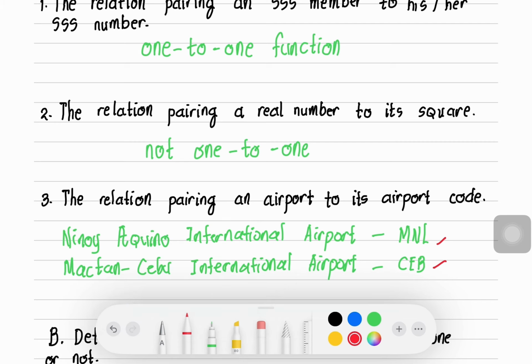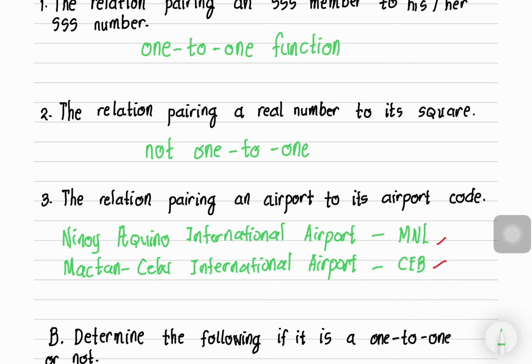So there is a unique code. So meaning, since each airport has a unique airport code, then the relation is a function. And also, since no two airports share the same airport code, then the function is one-to-one. Very good. So this is one-to-one. So ibig sabihin, hindi sila pwede mag-share ng same code.